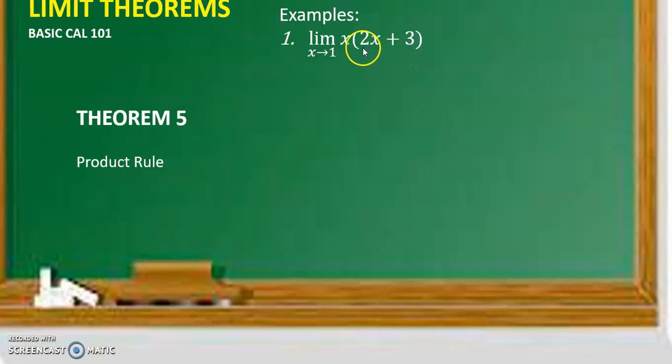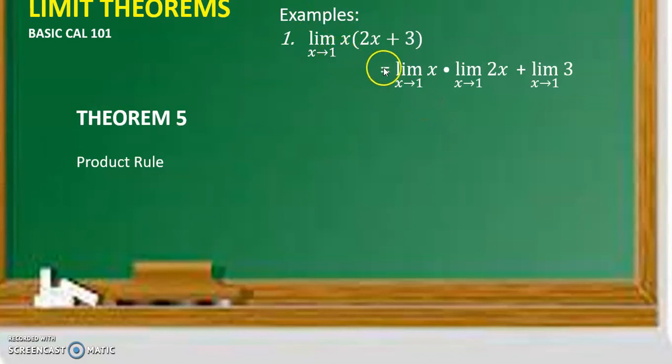Andito na yung constant multiple, andito na yung constant, and then ito yung sum and difference. Then, mayroon ulit na product. Paano nang gagawin natin dito? So, hiwa-hiwalayin lang natin siya, no? Paano ba natin siya hiwalayin?